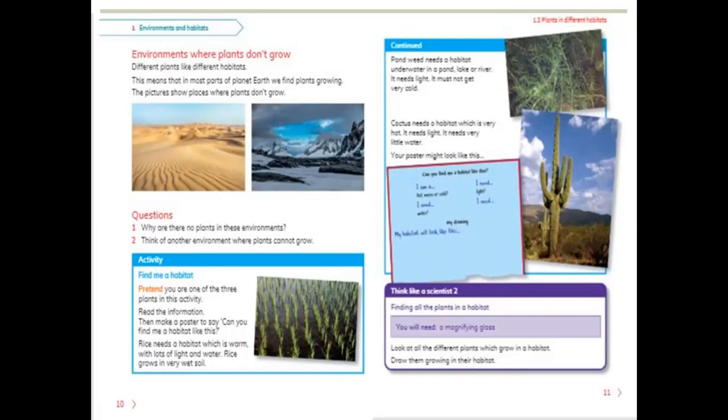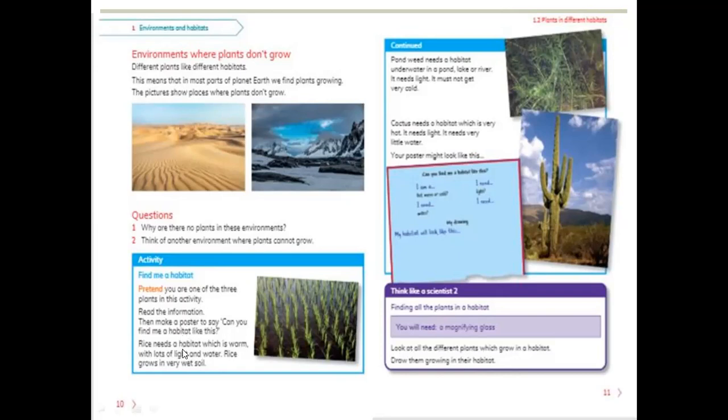Think of another environment where plants cannot grow. Any place where there is no moderate sunlight or no moderate water, plants are not going to grow well.